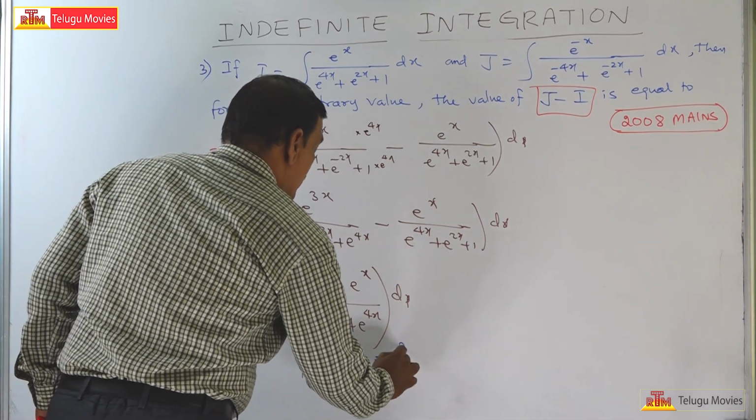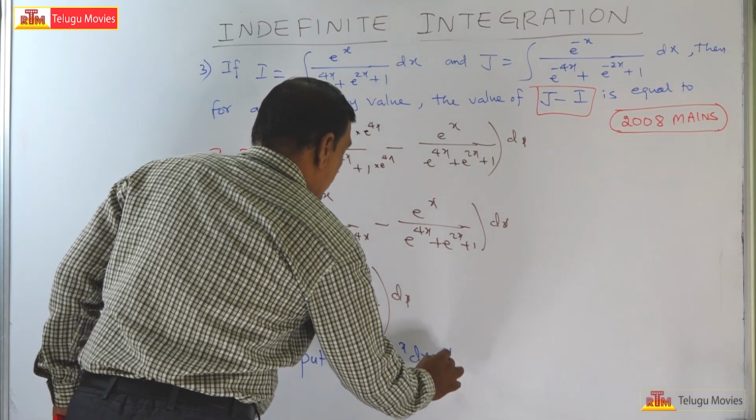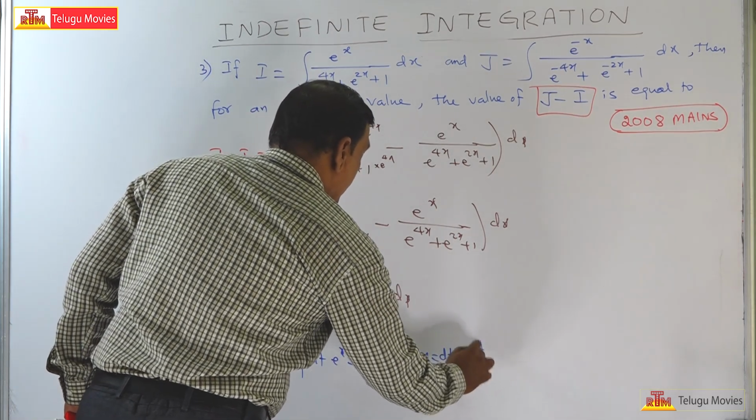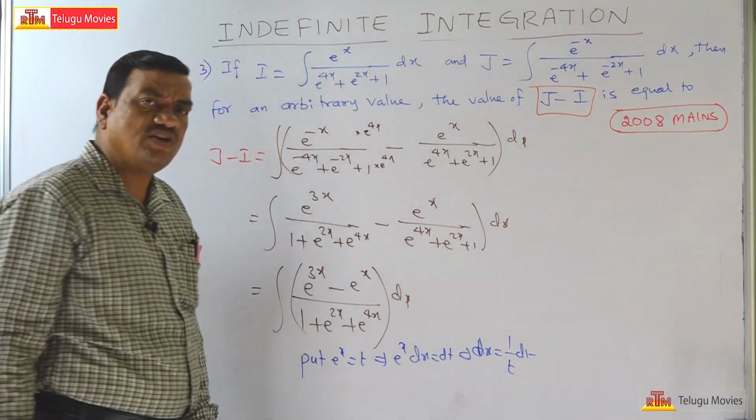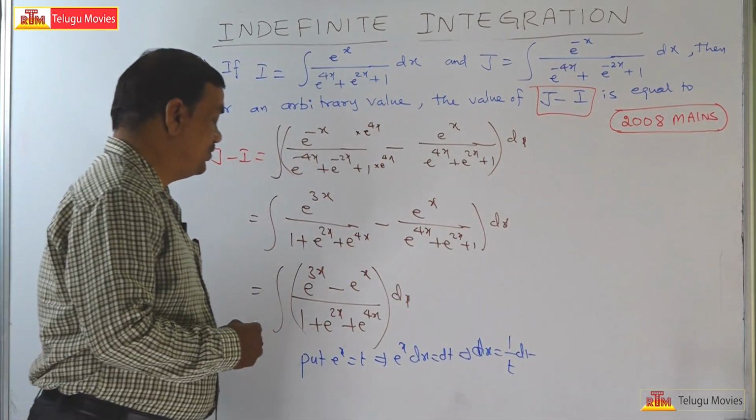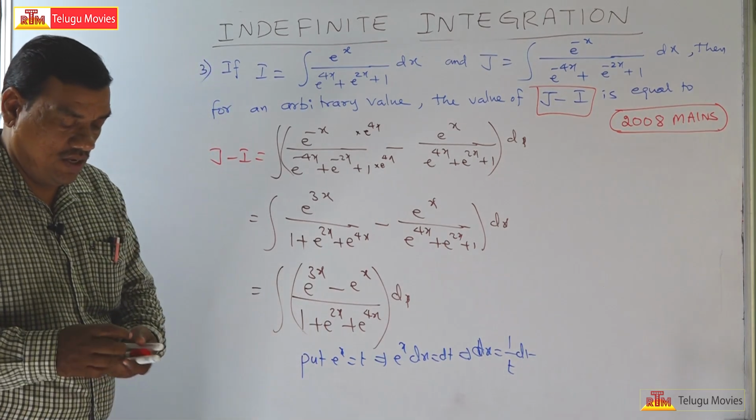This implies e power x dx is equal to dt, that is t dx is equal to dt, so dx is equal to 1 by t dt. So this is the first substitution. Now you substitute and you will get the answer.